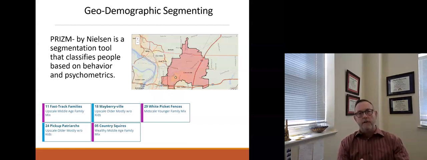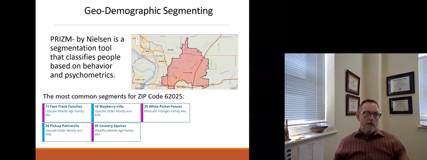In this example, you could pull up a zip code, and in this zip code there are predominantly 5 different types of customer, or 5 different profiles. They've named each one of them: the fast track families, the Mayberryville people, white picket fences, country squires, and the pickup patriarchs. Those are just names of profiles.